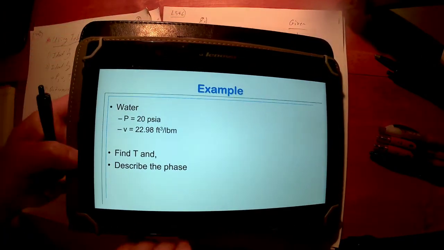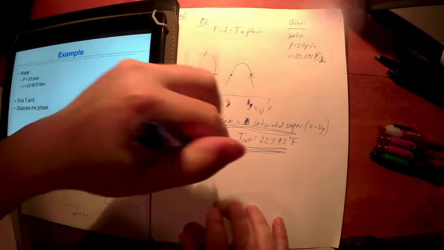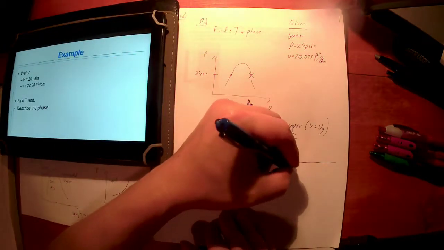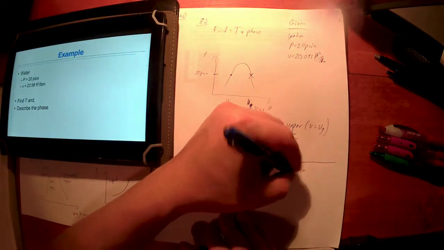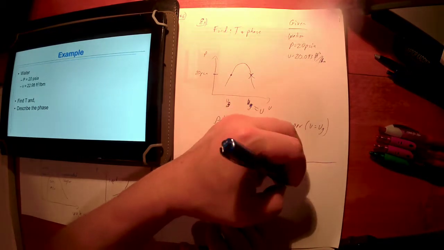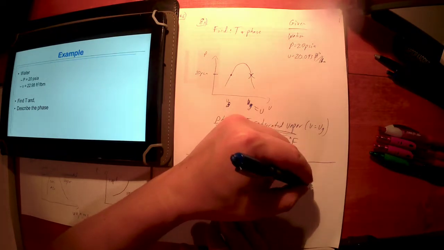So let's look at this one here. Similar example, very similar setup. Okay, let's write this one down. Another example. Given, I've got water. I've got, again, a pressure of 20 psia.